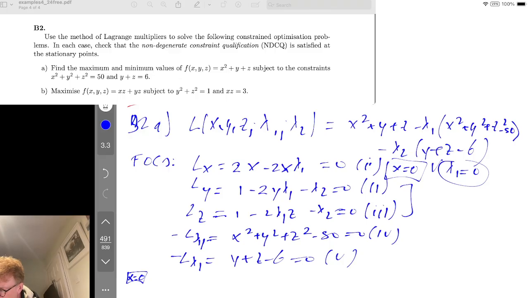Then we get rid of lambda 2 and we get rid of the 1. So then we get 2 lambda 1 times y minus z is 0. So this gives us lambda 1 is 0, which we already had, or y is z.